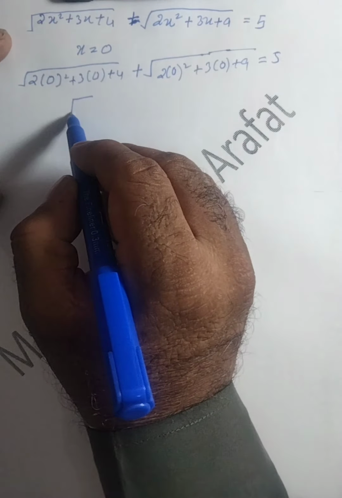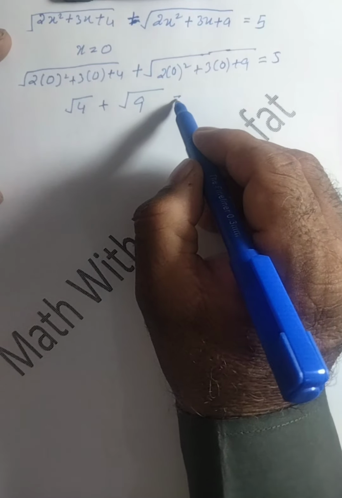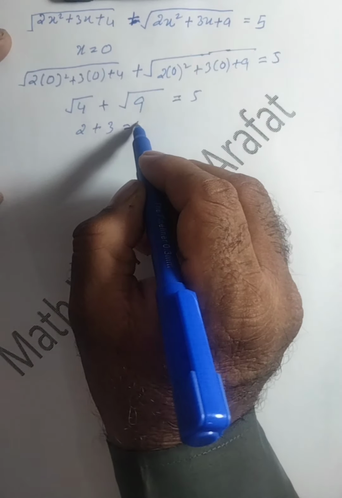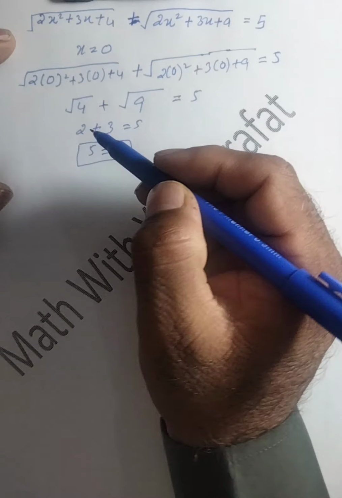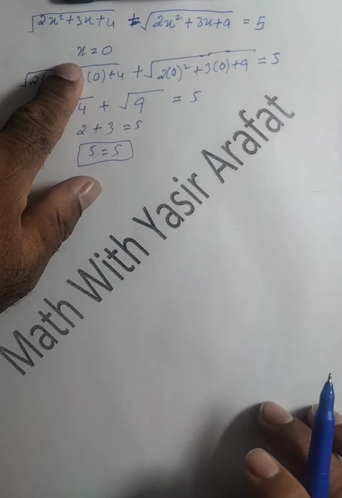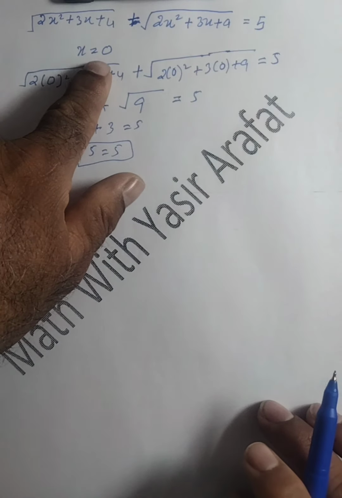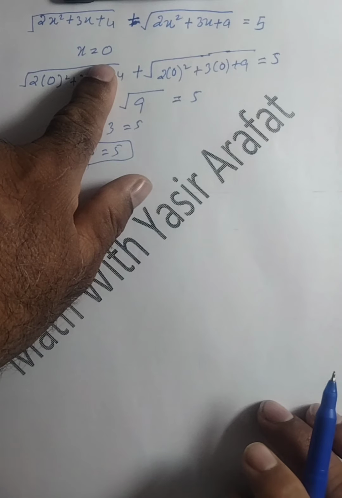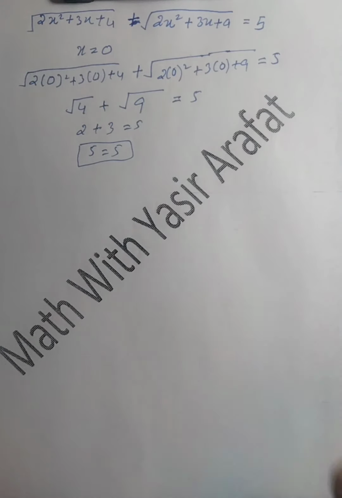So here the radical 4, radical 9, it is equals to 5, and this is 2 plus 3 equals to 5 equals to 5. That means x is equal to 0 satisfies the given question. So x is equal to 0 is the root of this equation. So this is the answer which will be written in the solution side.